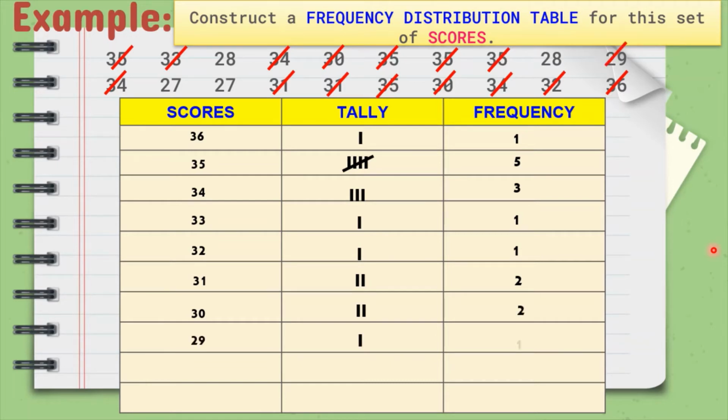Then 29. 1. Again, only 1. And then 28. 1, 2. Then 27, 1, 2. 2 ulit.